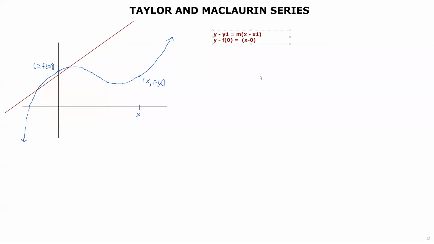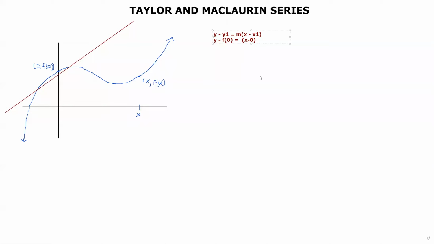Well, if we plug in a 0, we can see very clearly that c is going to have to be f of 0. So f of x is equal to, I'm going to move it to the front, f of 0 plus f prime of 0 times x plus f double prime of 0 times x squared over 2. And if you want to see that without the inline text version, that's f double prime of 0 times x squared over 2.